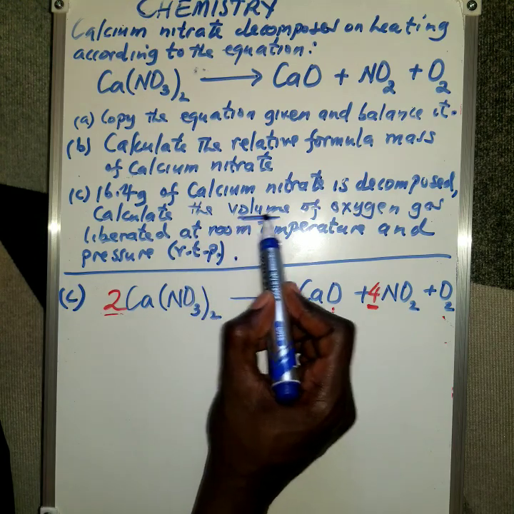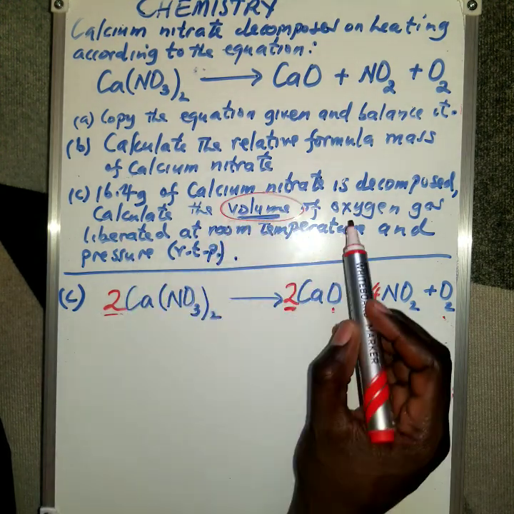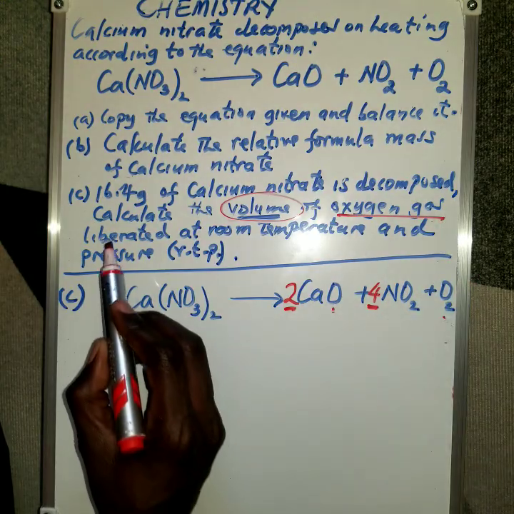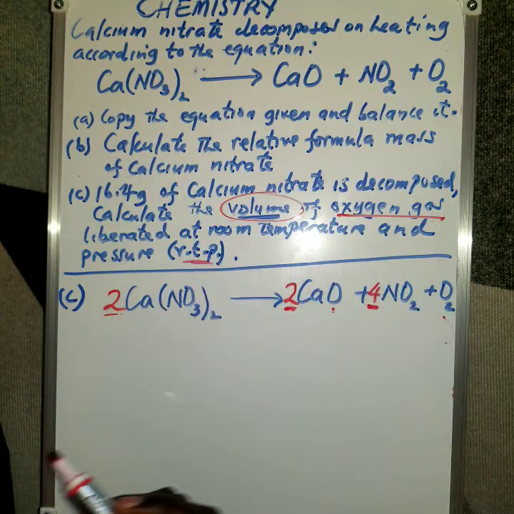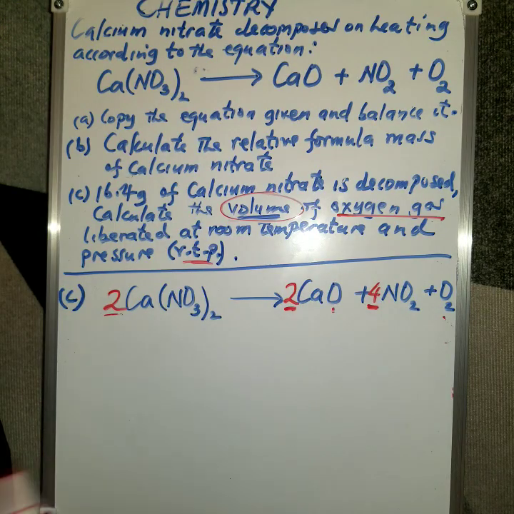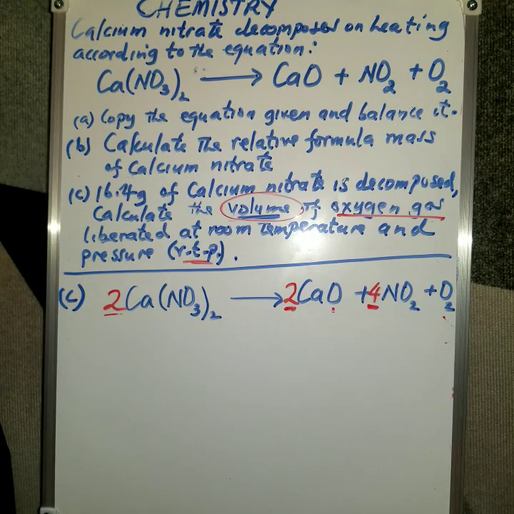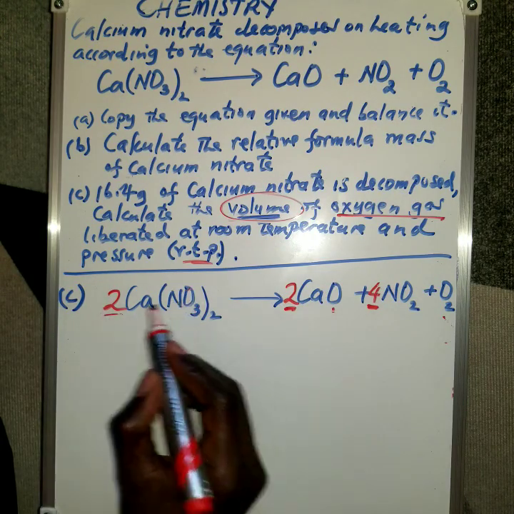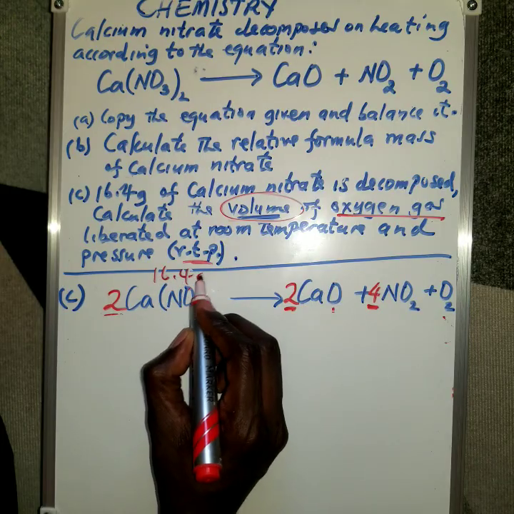Calculate the volume of oxygen gas liberated or produced at room temperature and pressure, meaning at RTP. That's what they want us to do. Now this is very simple. I'll show you 2 methods that you can use. The first is they gave you the mass of calcium nitrate that was used. It is simply 16.4 grams.